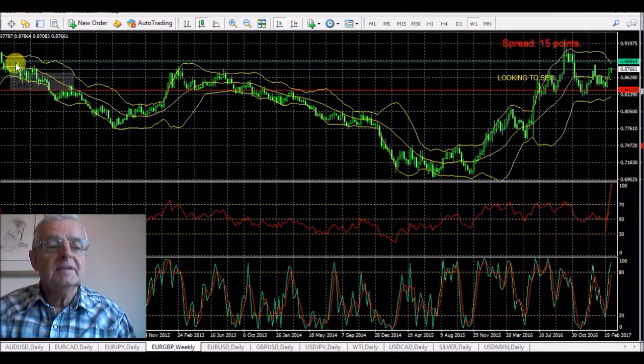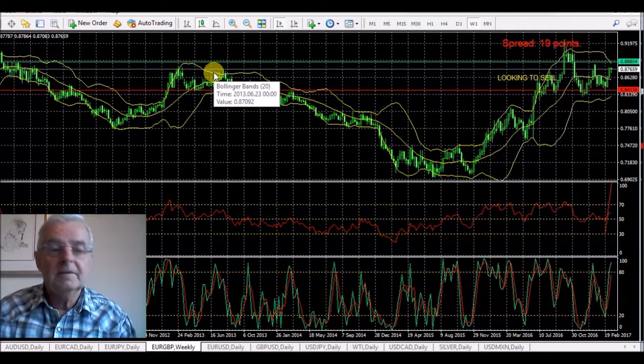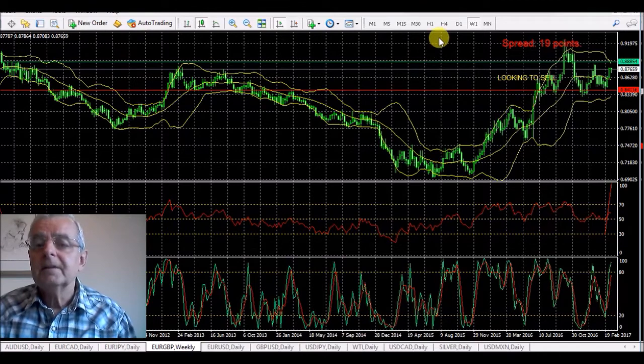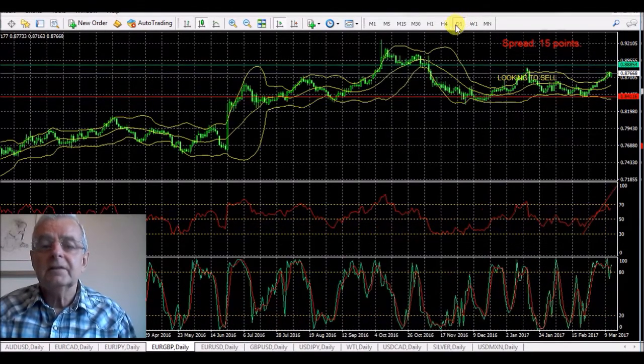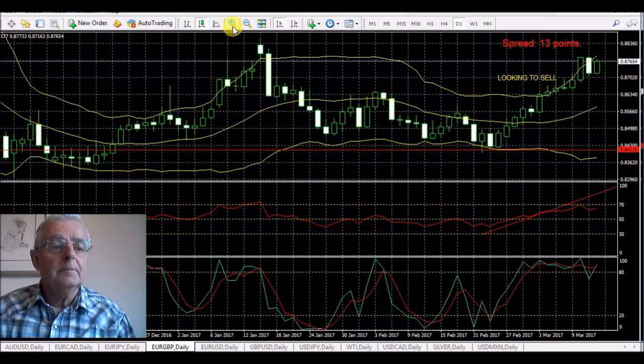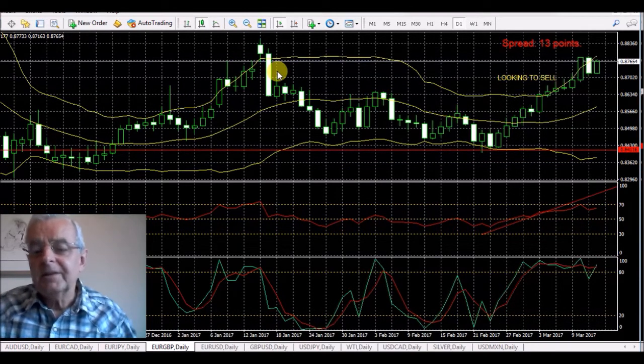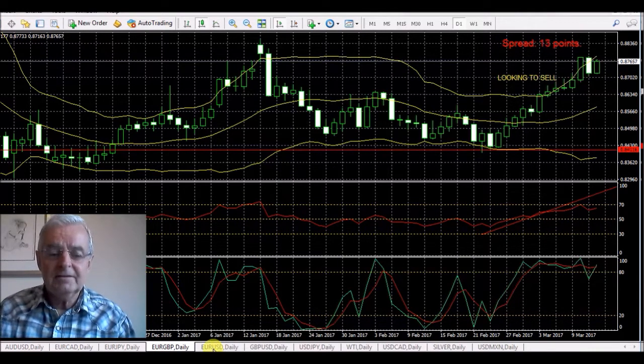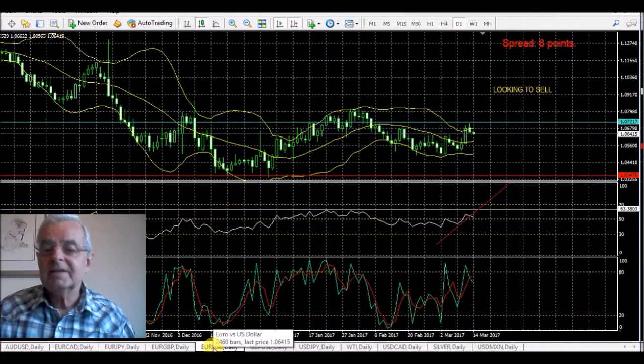This is the top of these candles here, and that's going back into time. Back onto the daily chart and open it up a bit. Euro GBP, the pound at the moment, I just don't know what's going to happen with it. A lot of Brexit news out, so I'm staying out of that one.